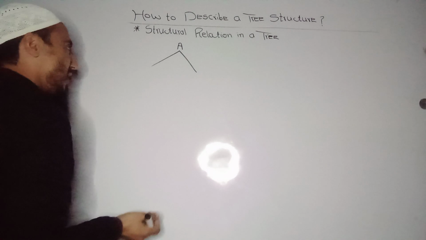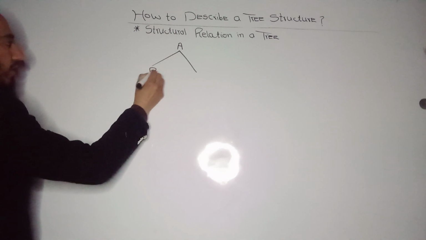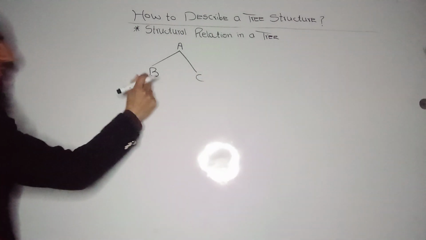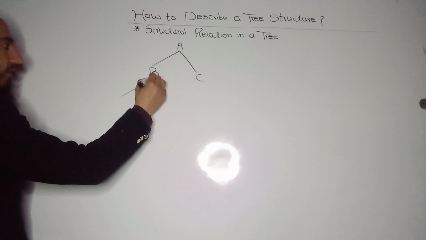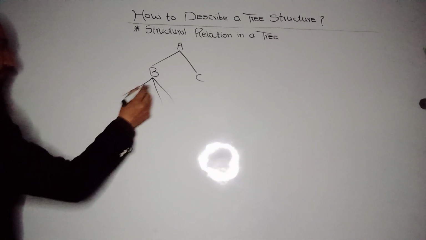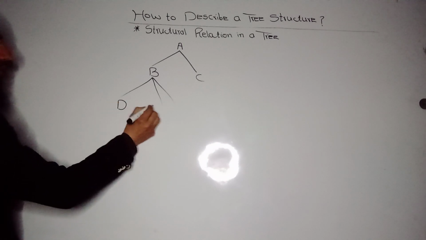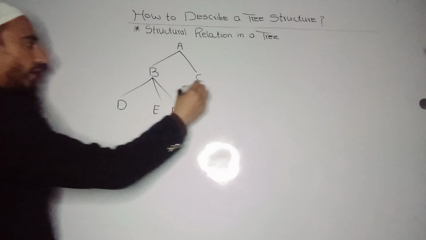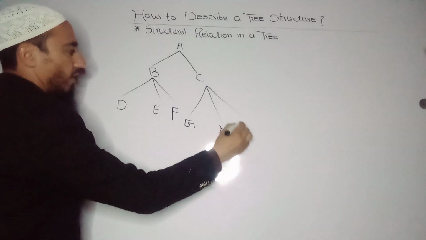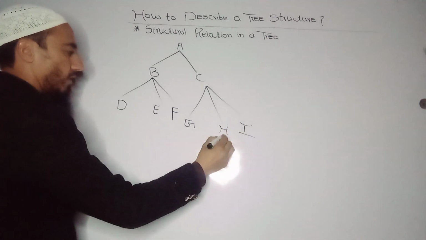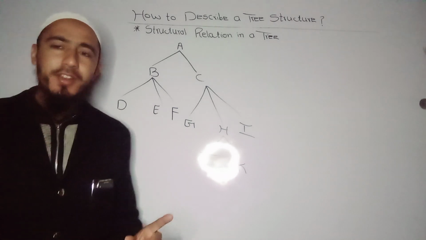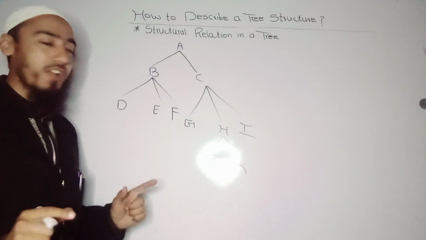I wrote here A, which means sentence, and then I'm writing B, which means NP, and C, which means VP, and D. I'm drawing three branches for it: D, E and F, and also for C: G, H and I, and also for H: J and K.